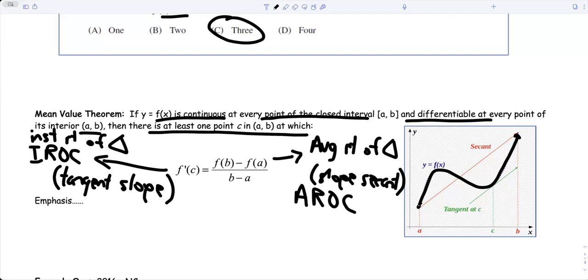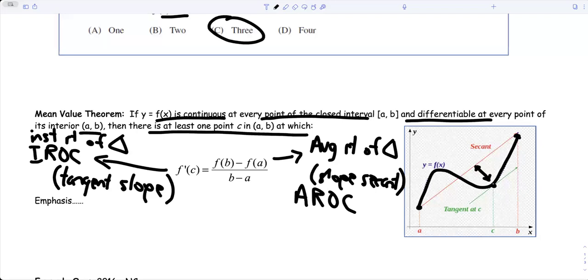If it's undefined, then it would fail the continuity test, right? So it is continuous and the function is differentiable. Therefore, for the secant line from a to b right here, there's going to be at least one point where the tangent line, we're going to call that point c right here, is parallel to the secant line.